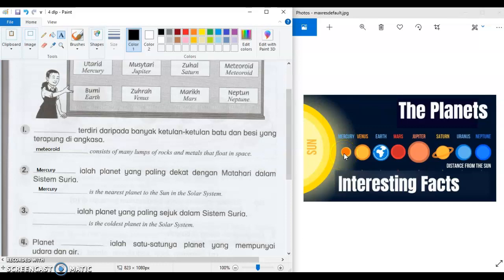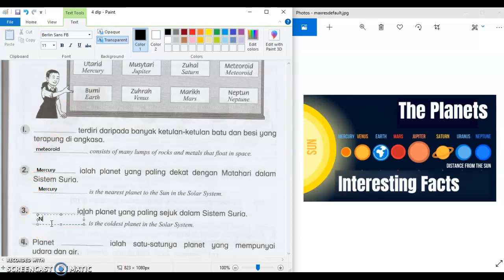Yang paling hampir dengan matahari, dia akan jadi paling panas sebab matahari sangat panas. And the furthest planet to the sun in the solar system will be the coldest planet in the solar system. Planet yang paling jauh daripada matahari ialah planet apa? Neptune. So what is the answer? Neptune. Alright, so write down here Neptune.